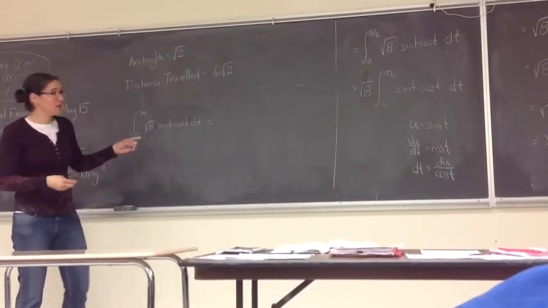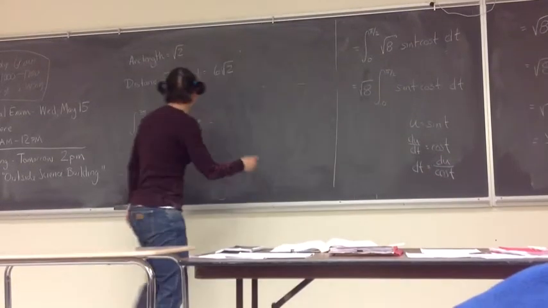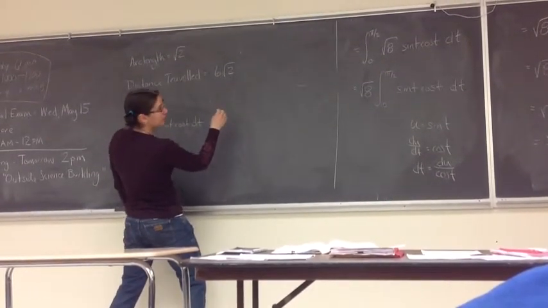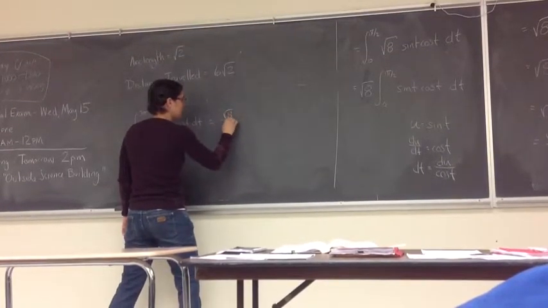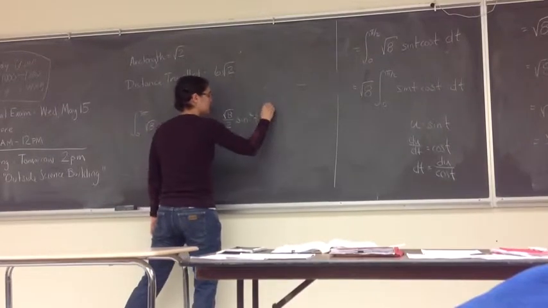And then we do our antiderivative, and so then we plug in and we'd end up with, let's see here, square root of 8 over 2 times sine squared t evaluated between 0 and 3 pi.